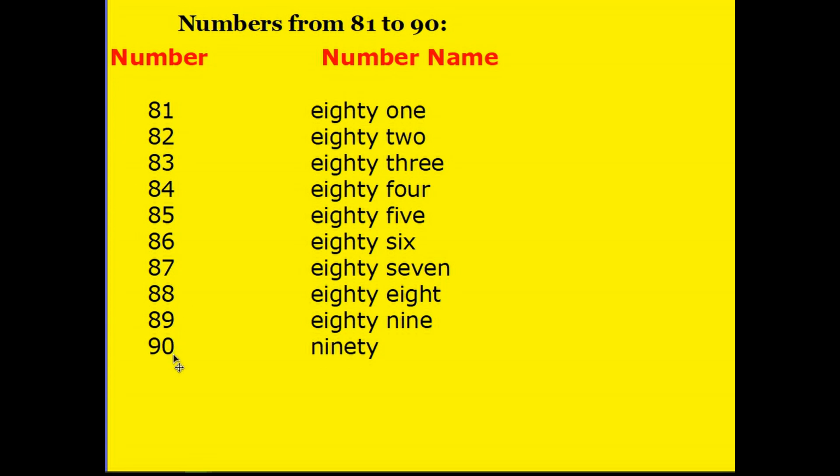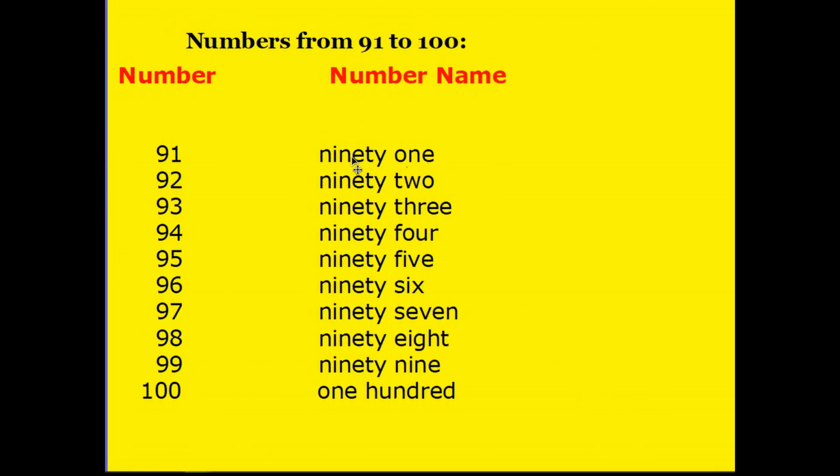So try to study the right alphabetical order, how to write in alphabets. So try to exercise, and also here 91, 92, 93, 94, 95, 96, 97, 98, 99, 100. Here you have 91 up to 100. Again here, study how to write the names of these symbols.